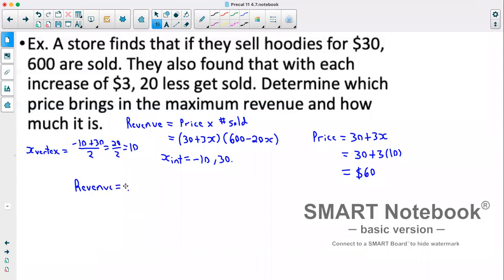So we have revenue is equal to 30 plus 3x times 600 minus 20x. We'll substitute 10 in for x's, so we have 30 plus 3 times 10 times 600 minus 20 times 10. When we calculate this, we end up with $24,000.